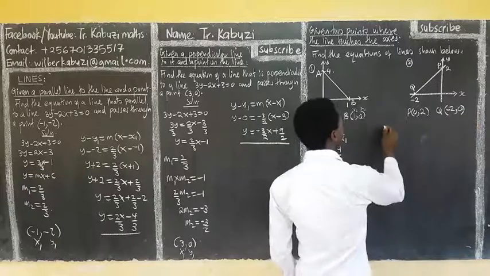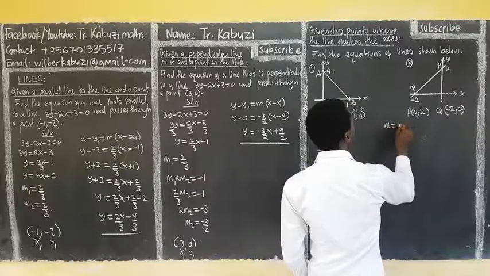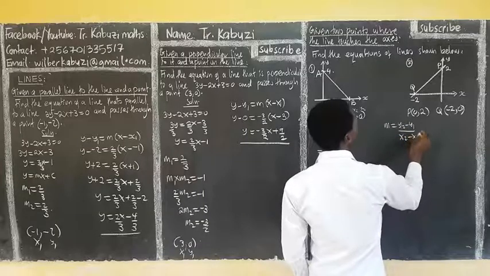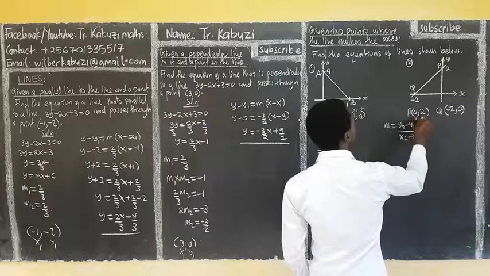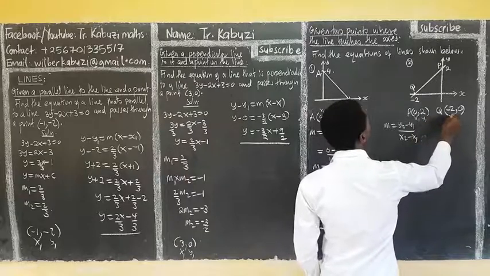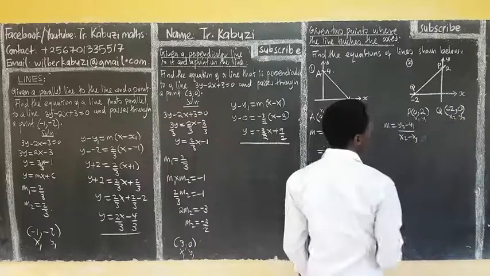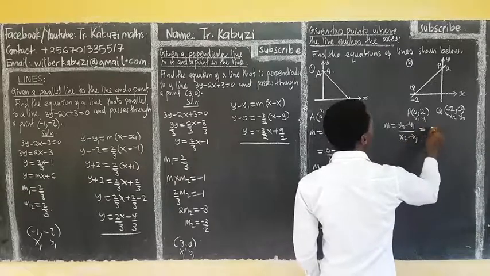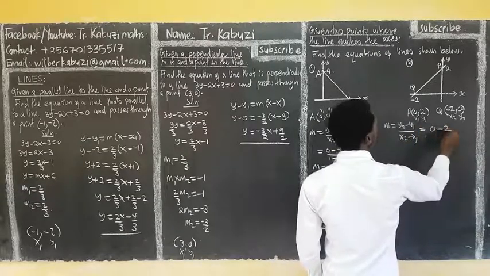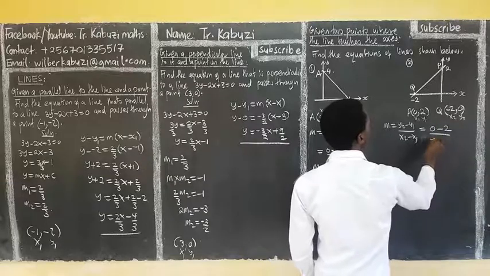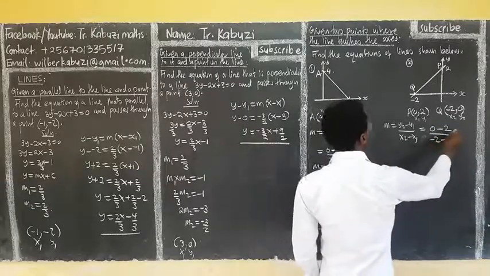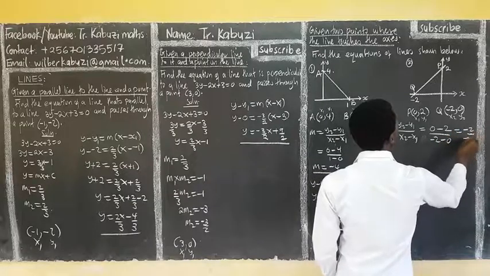Then we get a gradient, so our gradient n is going to be y2 minus y1 over x2 minus x1. Then we substitute into the formula. This will be y2, 0 minus 2, over negative 2 minus 0. So we shall have negative 2 over negative 2.